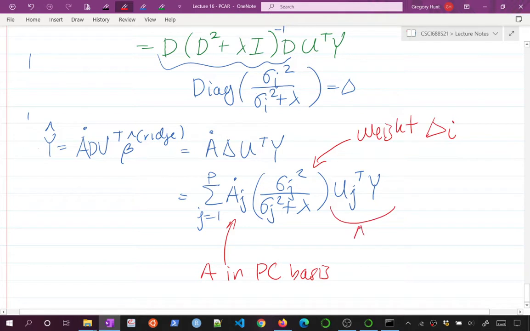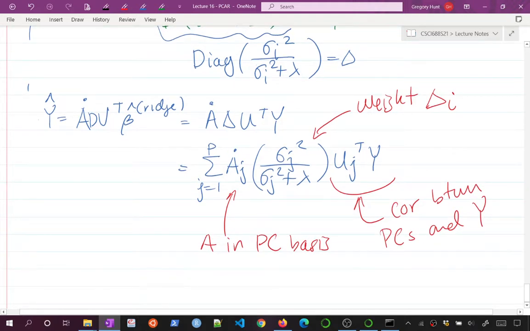And then this is basically the correlation between, we said our U's are basically our principal components, between PCs and Y. So when we predict with ridge, we can transform A into this principal component basis, and we get the coordinates of A in this PC basis. And if we ignore this weight for now, you get the coordinates of A in the PC basis, and then you multiply by the correlation between that principal component and Y, and you sum it up. If we ignore the weights, you would get exactly OLS regression, the traditional regression, right?